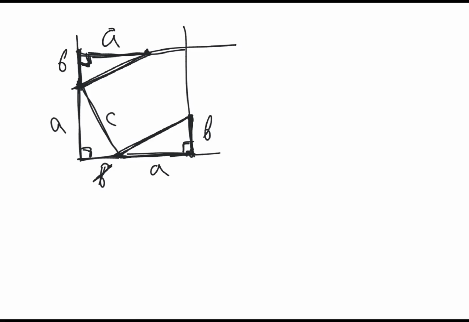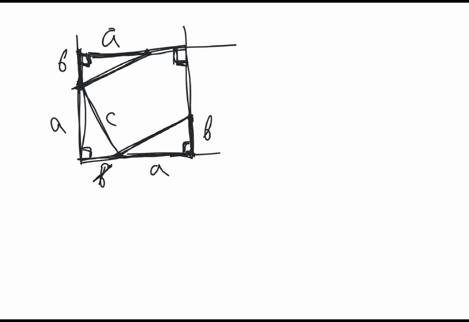what remains. So notice that this large figure is a square. So first it's a rectangle because it has three right angles, right? So this angle should be a right angle as well. So all four angles are right angles. So therefore it's a rectangle.